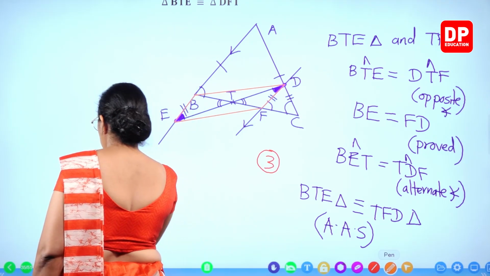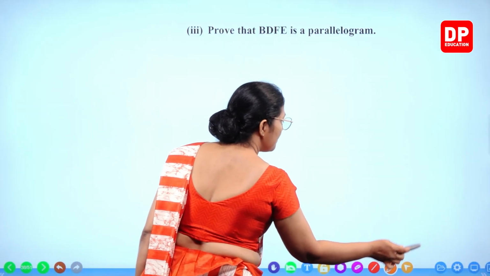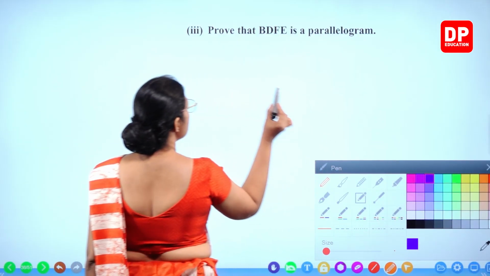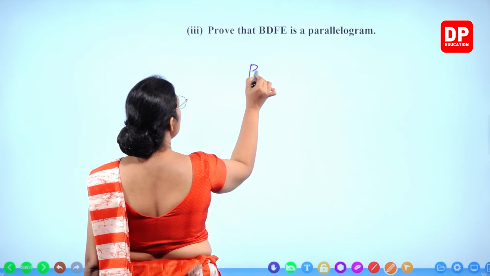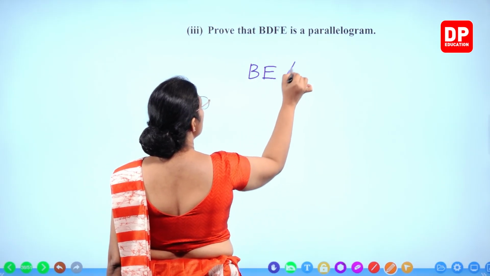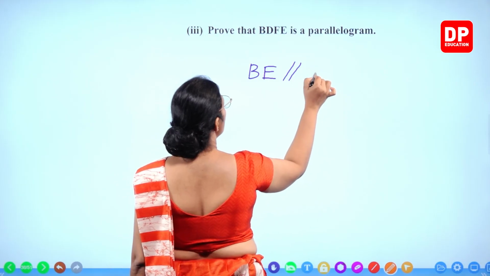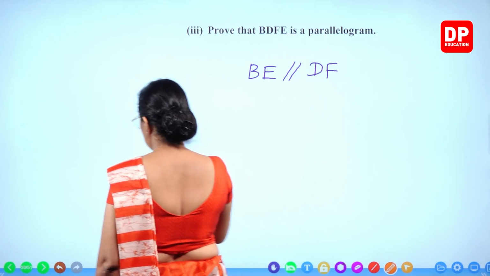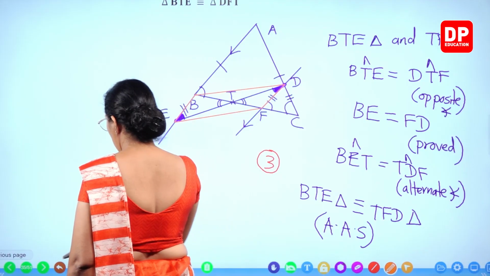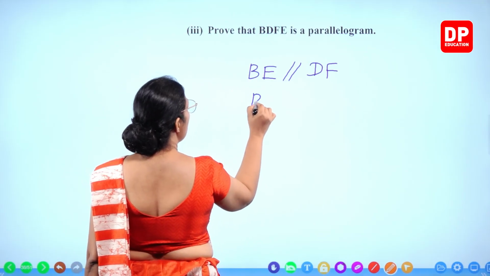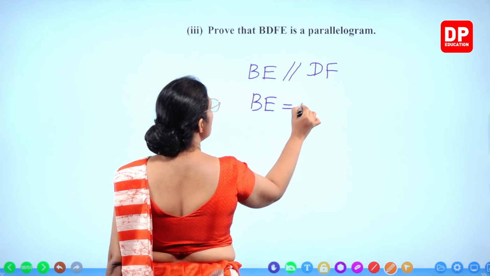So let's write that part. BE is parallel to DF, and BE is equal to DF.